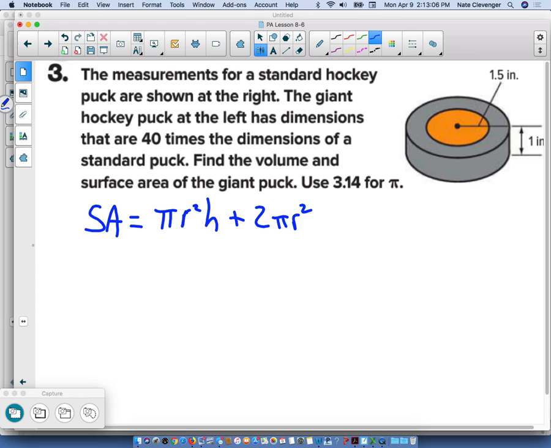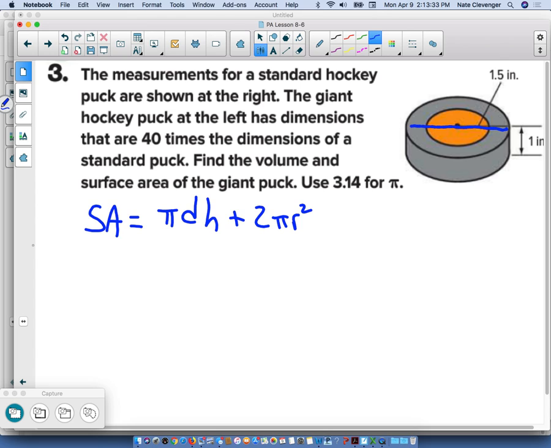The area of the circle times the height, and then 2 times the area of the circle. I didn't do that right. Surface area, not volume. Surface area is pi d h plus 2 pi r squared, where we take the circumference of the circle. What would the circumference be?